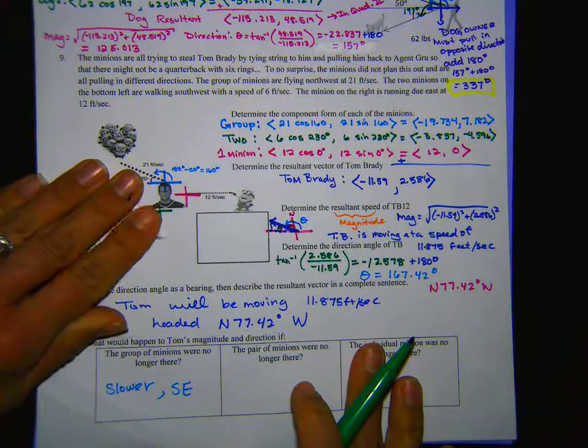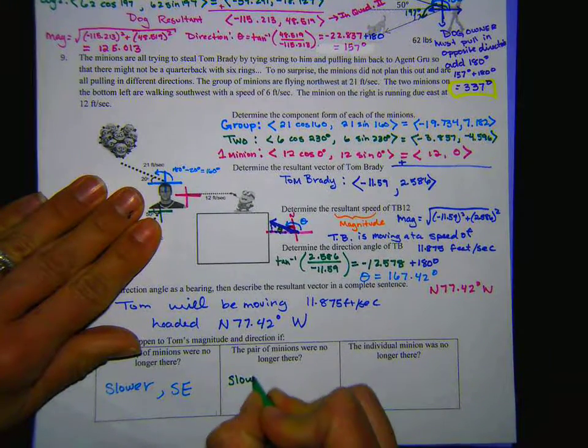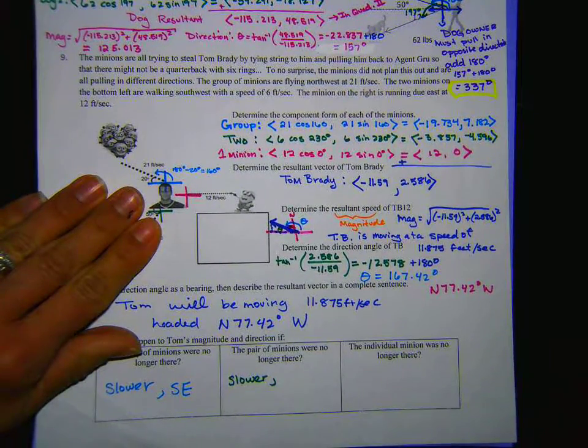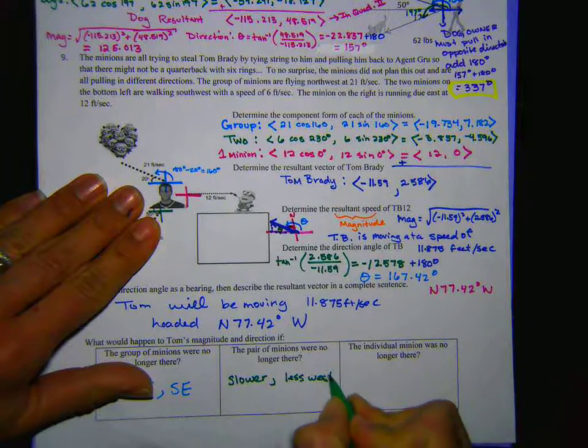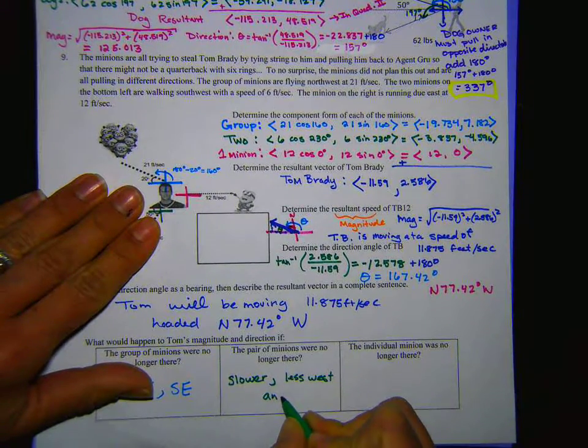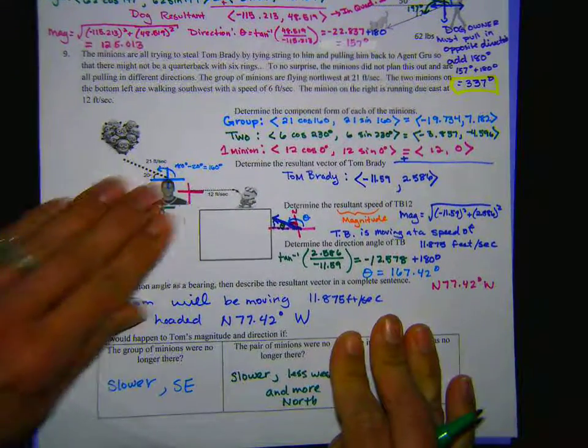He's going to be going less west and more north. These were the only guys moving towards the south. So if I remove these, then he's not going to be moving towards the south anymore. He's going to be going more north.